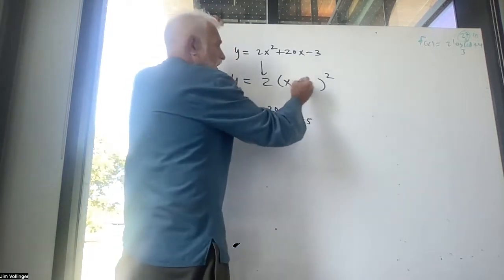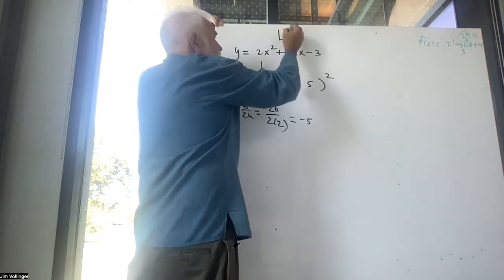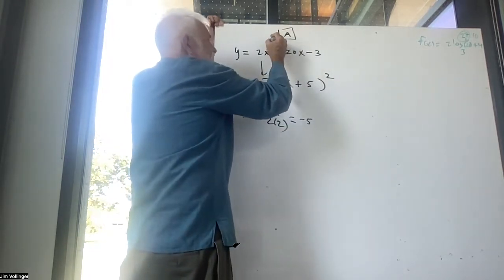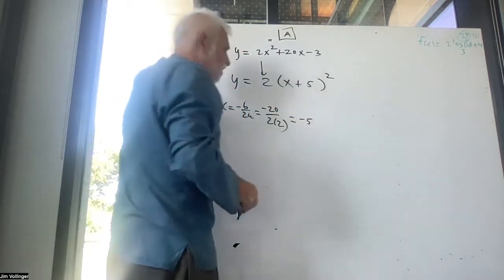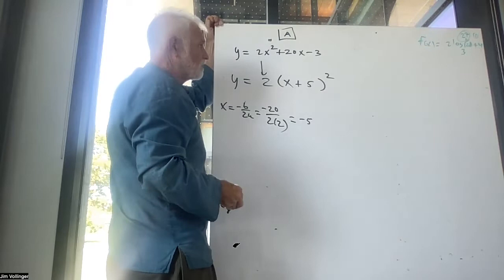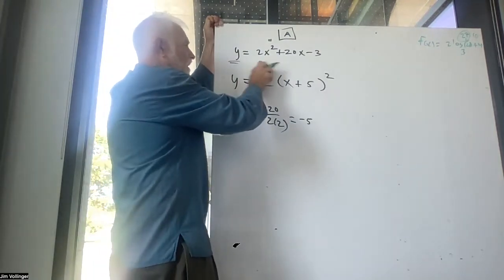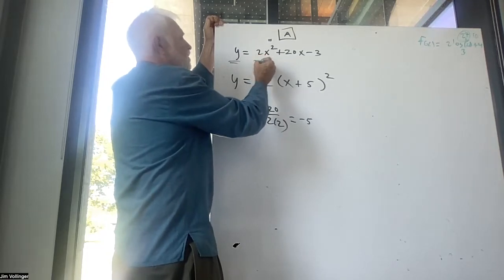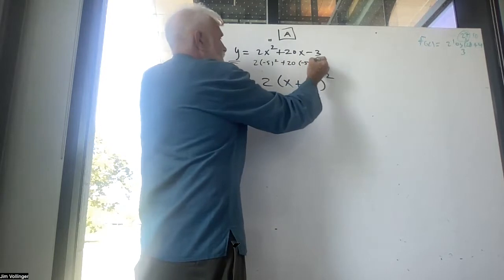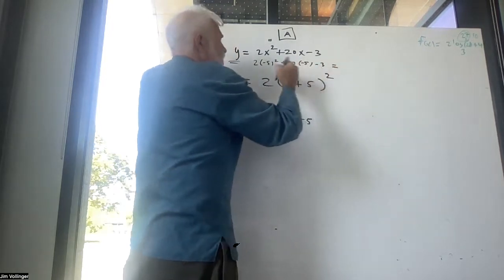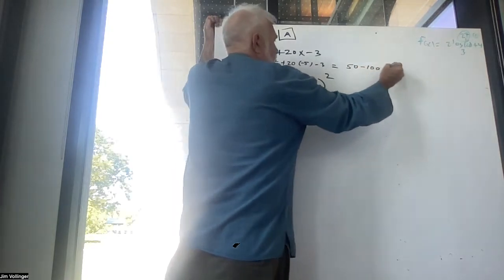So therefore, we're going to say x plus 5, because the smallest a squared can be is 0. So I want that number to make 0 squared. And then all we have to do is plug in that number to find the y that goes with it. So we'll plug in negative 5, which gives us 2 times negative 5 squared plus 20 times negative 5 minus 3, which gives us positive 50 minus 100 minus 3.